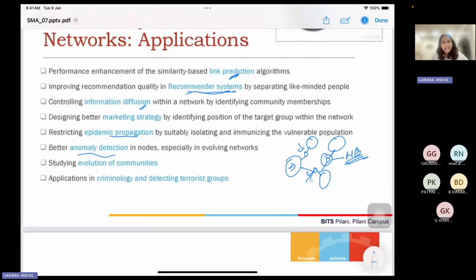So I can very easily identify that this is an anomalous node. Although in the network there can be many people who belong to the master's program, after identification of the communities, we can easily identify the anomalous nodes.